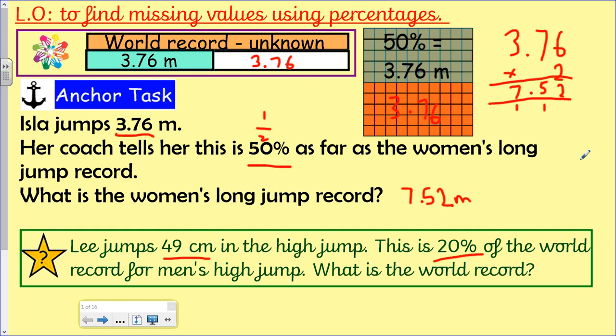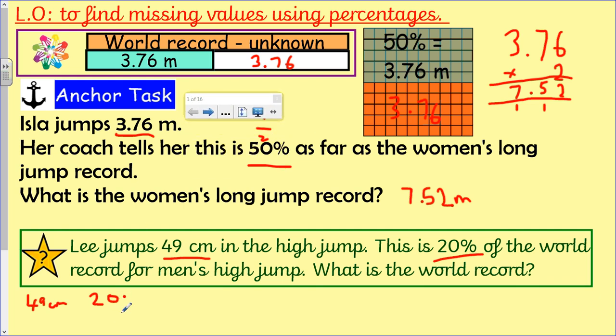Okay, I will go through that on the next slide as well, just to make sure you understand. So for Lee then, we know that 49 centimeters is 20%. There we go. So 49 is 20%. Now 20% is one of our famous fractions. It's the same as a fifth.